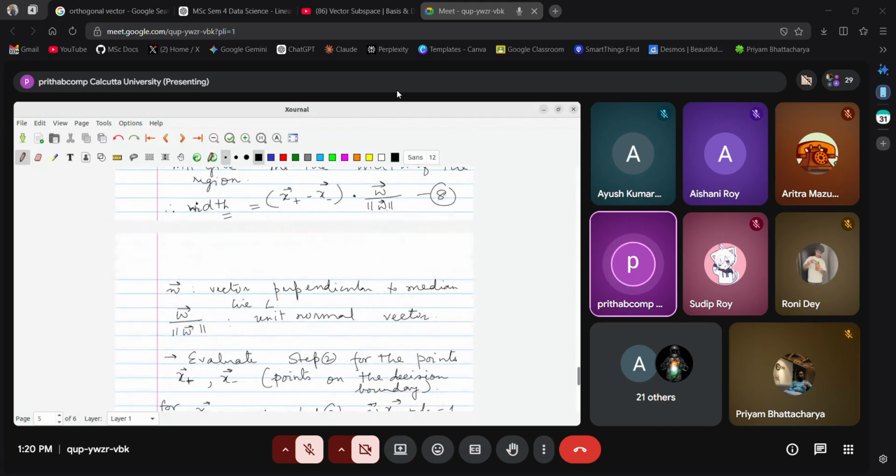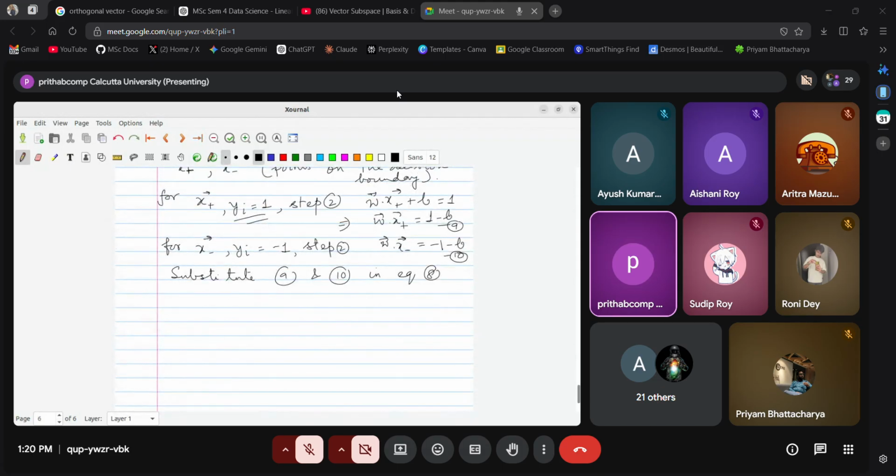So it becomes W dot x plus minus W dot x minus into 1 upon magnitude of W. So you have understood, right?